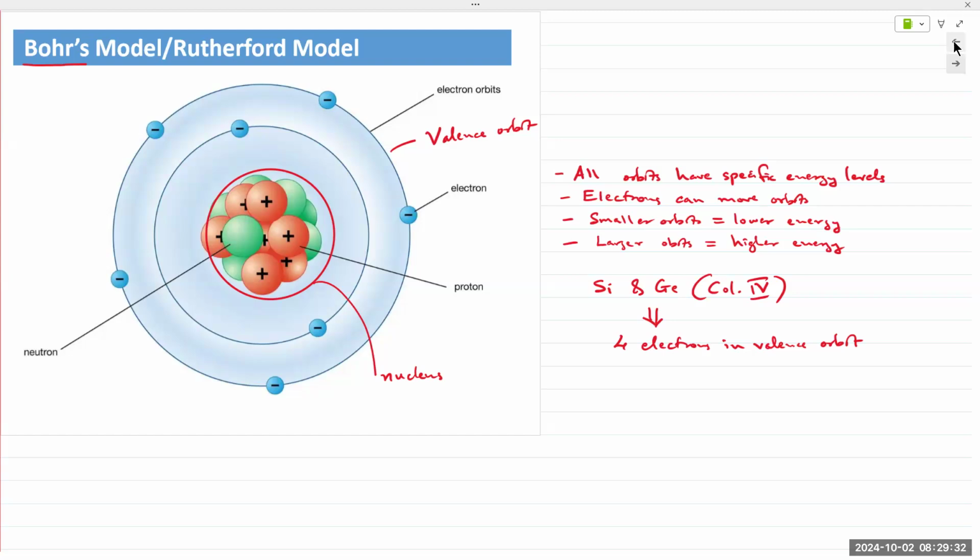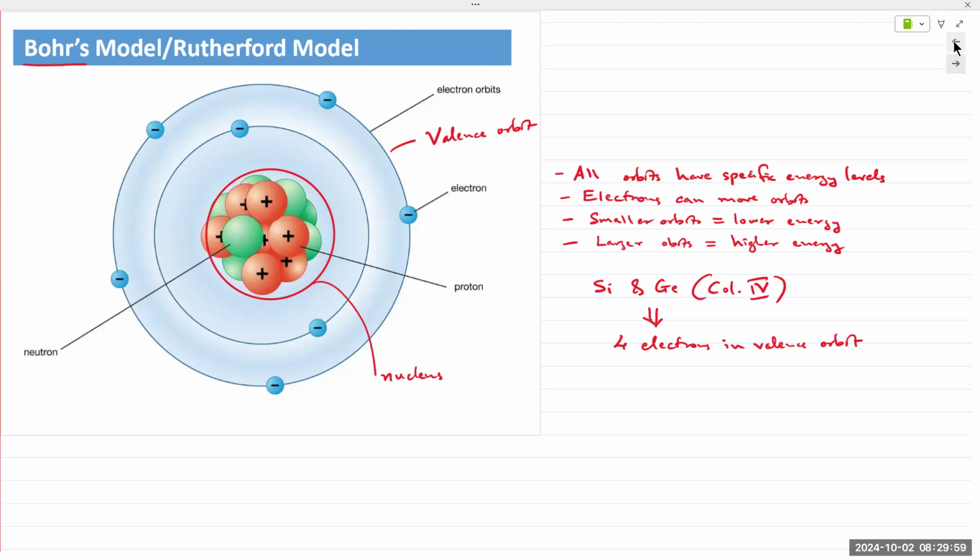Anyway, the silicon atom has 4 electrons in the outermost orbit. When you arrange these atoms in a silicon crystal, they bond with their nearest neighbors. Each silicon atom shares its 4 electrons with its 4 nearest neighbors, 1 electron each, and the neighboring atom also shares 1 of its electrons.